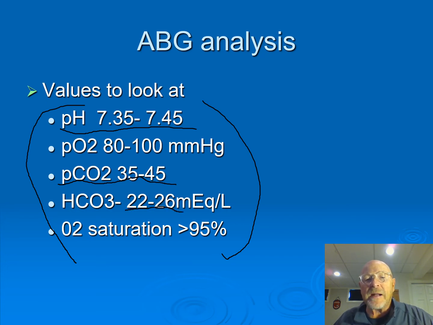I know those values may change depending upon your hospital, but for testing purposes, the normal range for pH is 7.35 to 7.45, normal CO2 is 35 to 45, and normal bicarbonate is 22 to 26. Don't worry about O2 right now.